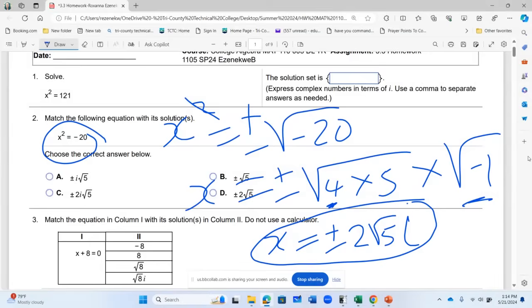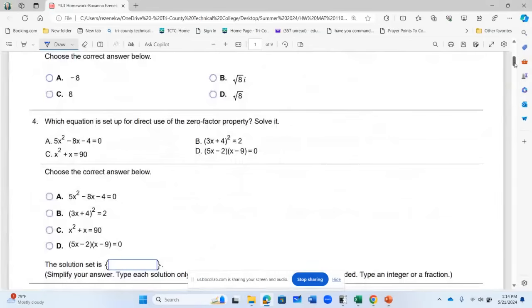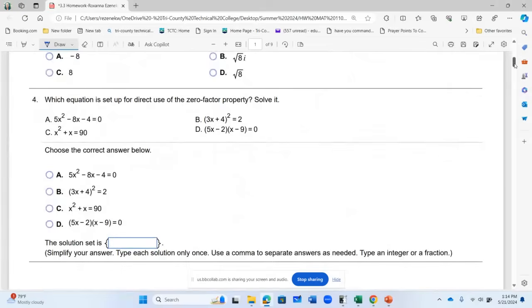Let's go to the next one. All right, so which equation is set up for direct use of the zero factor rule? I can use zero factor in this one. We can use zero factor for B. Actually, you can do this one too.